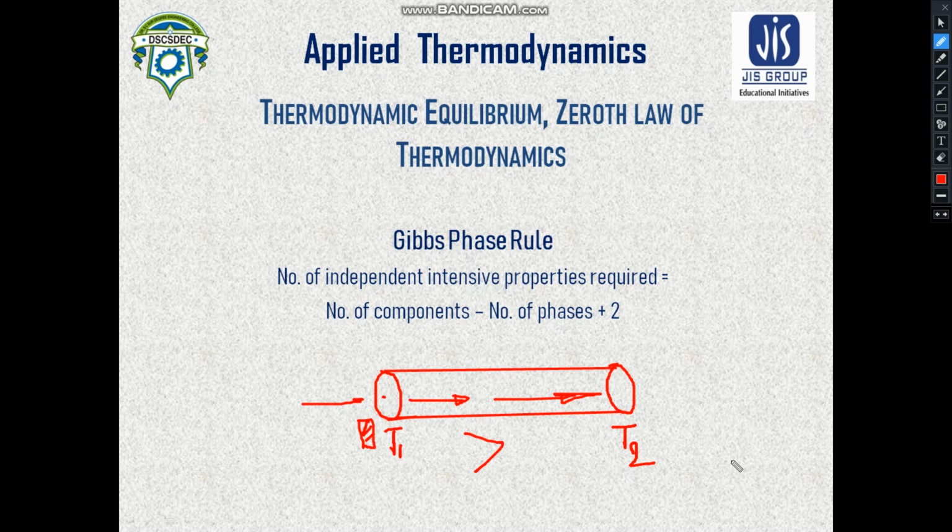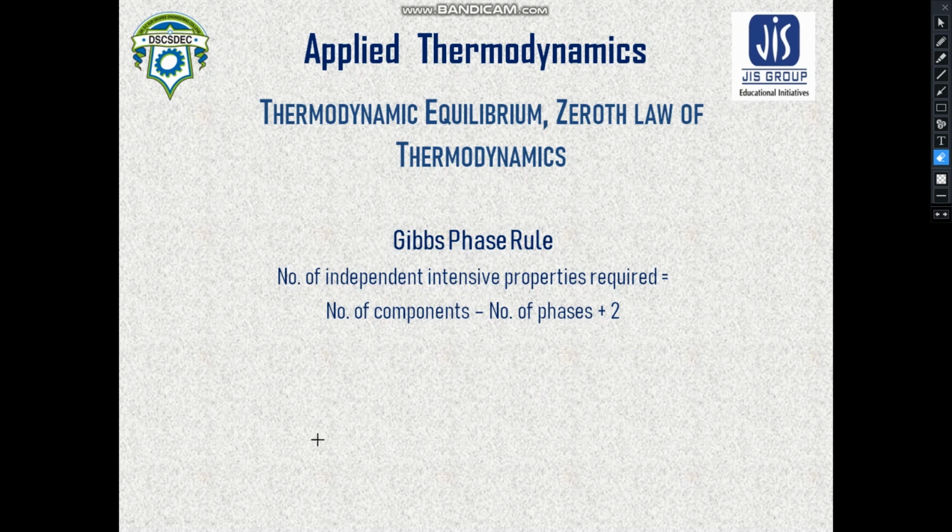So this difference in properties can be present in both ways: within the system, and between the system and surroundings. This understanding is very necessary because we are going to move on to the equilibrium portion.